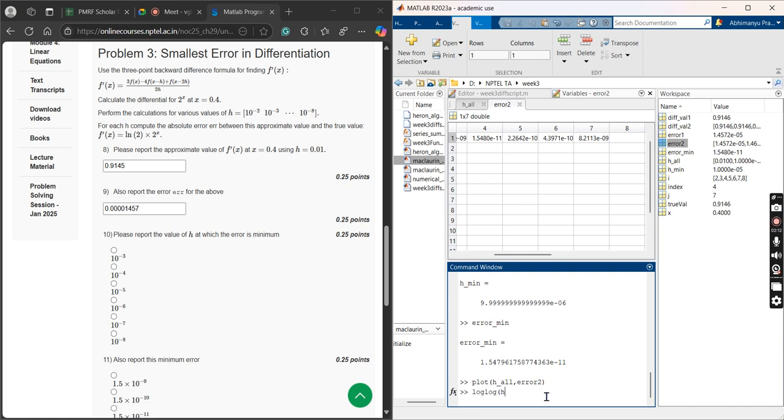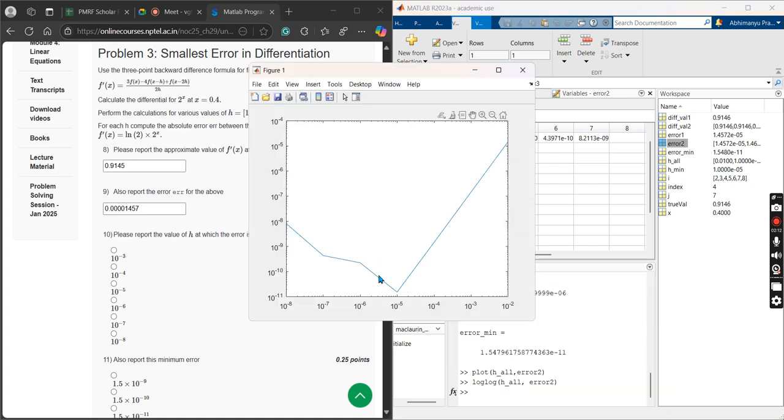Log. Yeah, this is much better visibility. So the minimum happens at 10 to the power minus 5.